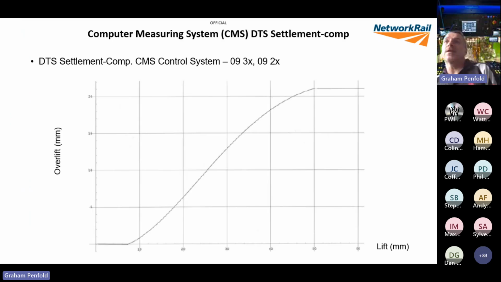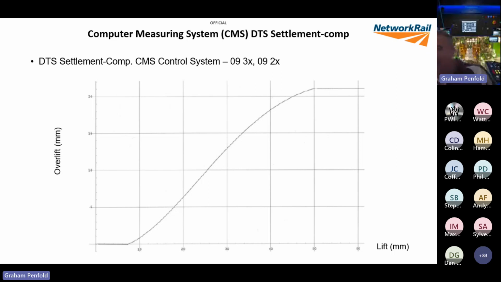This is on the CMS machine, as I mentioned earlier, the computer measuring system machine, so we're talking about the high output fleet. Your lift is on the bottom and the overlift it will apply is on the left. It's not a massively aggressive system at all.